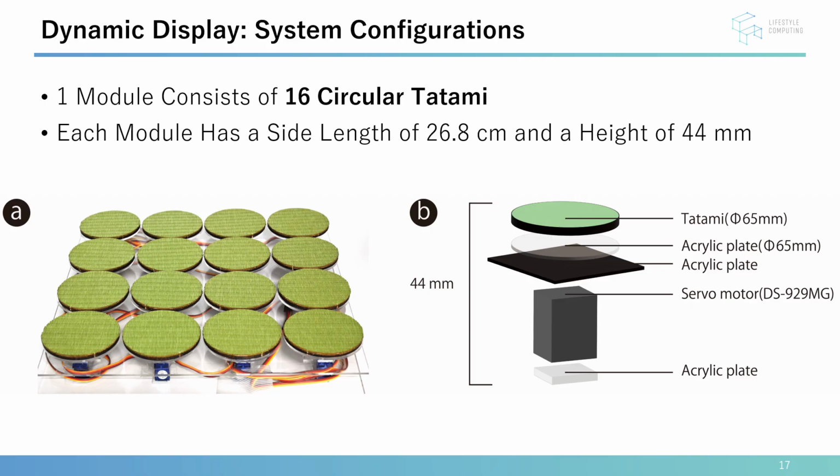The display consists of 16 tatami pieces arranged into one module, and this time 16 modules were created. Each module is a square with a side length of 26.8 cm and a height of 44 mm. Additionally, the modular design allows the display size to be adjusted based on the installation location, making it highly scalable.